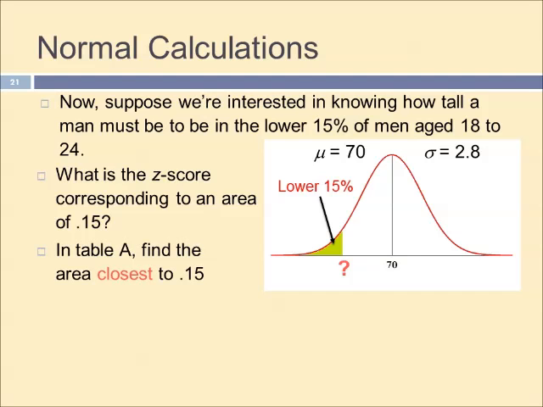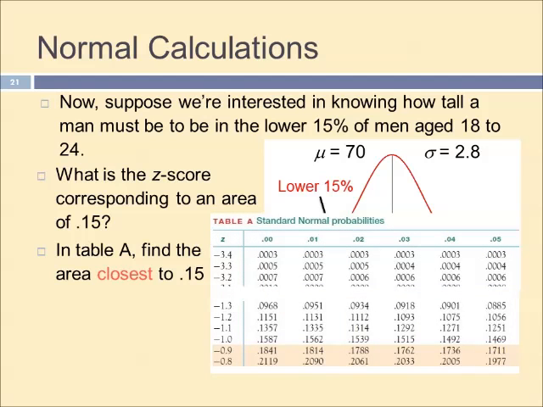In Table A, we find the area that's closest to 0.15. So take a look at Table A and notice this value, 0.1492, is about the closest we get to 0.15. Keep in mind, that represents 15% of the data. Now we're interested in the z-score that's associated with that.